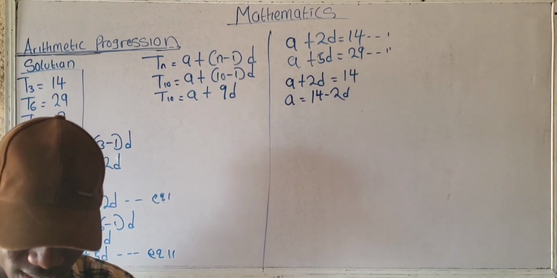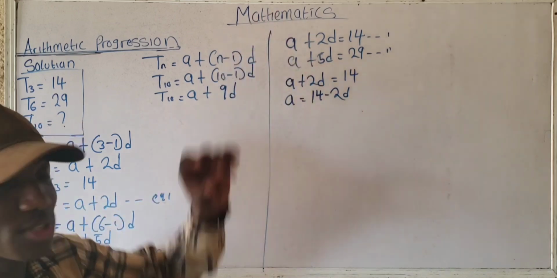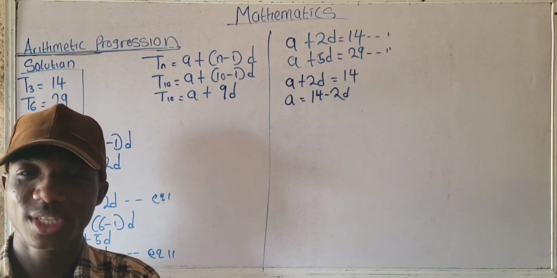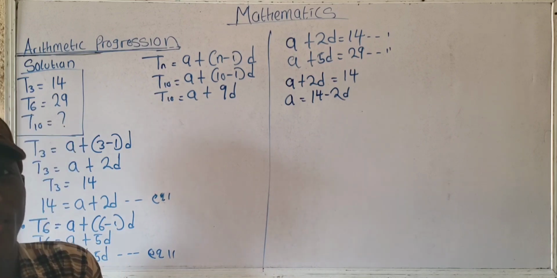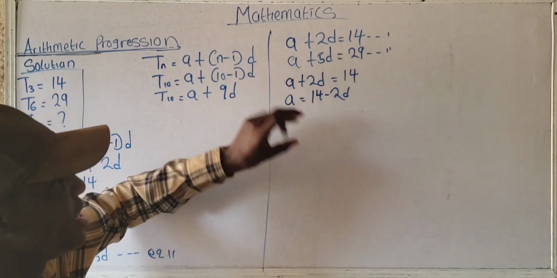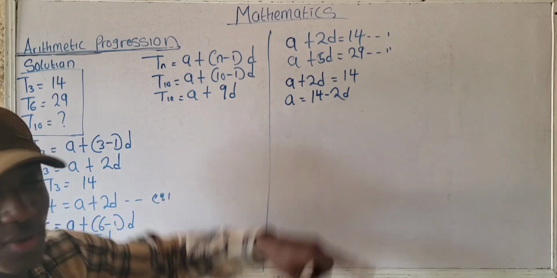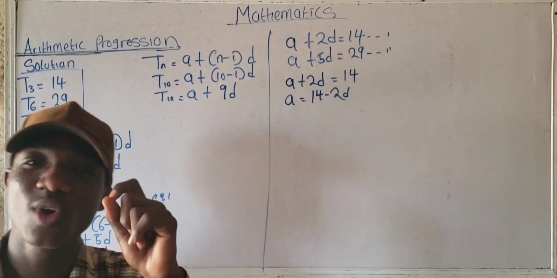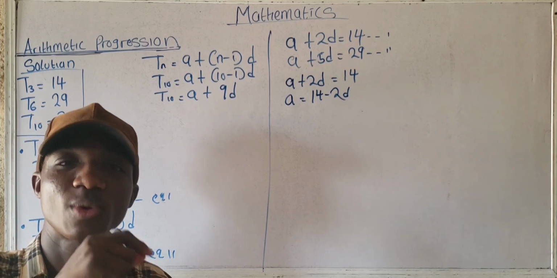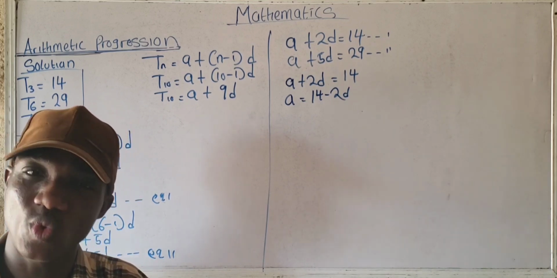I'm going to explain. Listen. This equation contains two unknowns. But in solving this using the substitution method, the first step is that you have to make one of the unknowns the subject of the relation. So I make A the subject of the formula in equation 1. I'm not going to substitute that value of A in equation 1 again. I'm going to substitute that value of A into equation 2.